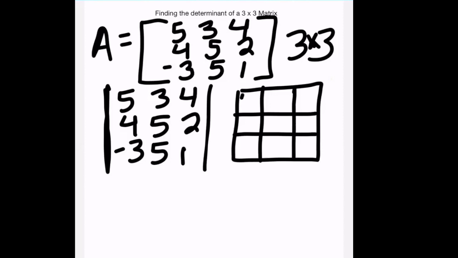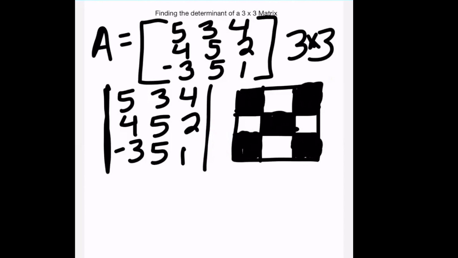Like a checkerboard, you have a black here, then a white, then black, then white, then black again, and the next piece is white, and there's black again over here, white, and then black. You might be getting the idea of the pattern. It alternates black, white, black, white, black, white, black, white, black.